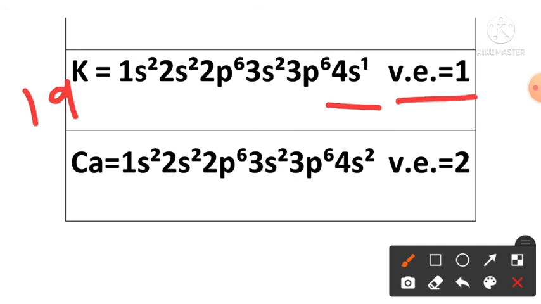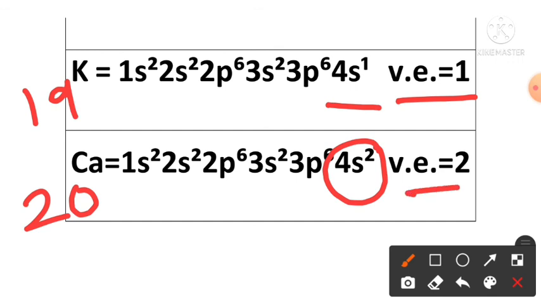Now next element, calcium. We know that the Z of calcium is 20, so we write its electronic configuration: 1s2, 2s2, 2p6, 3s2, 3p6 and 4s2, and now we derive its outermost shell 4s2, in which the number of electrons present is 2, so valence electron is 2.